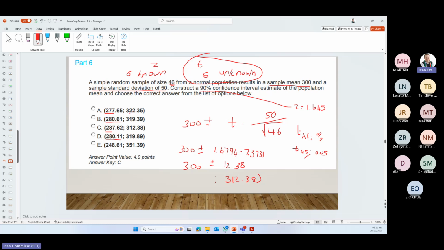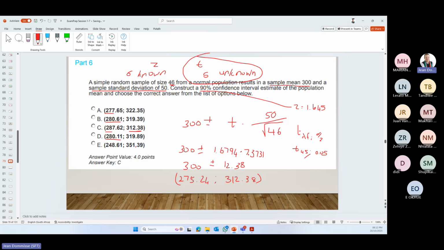And the lower: okay, no, I now made a mistake.